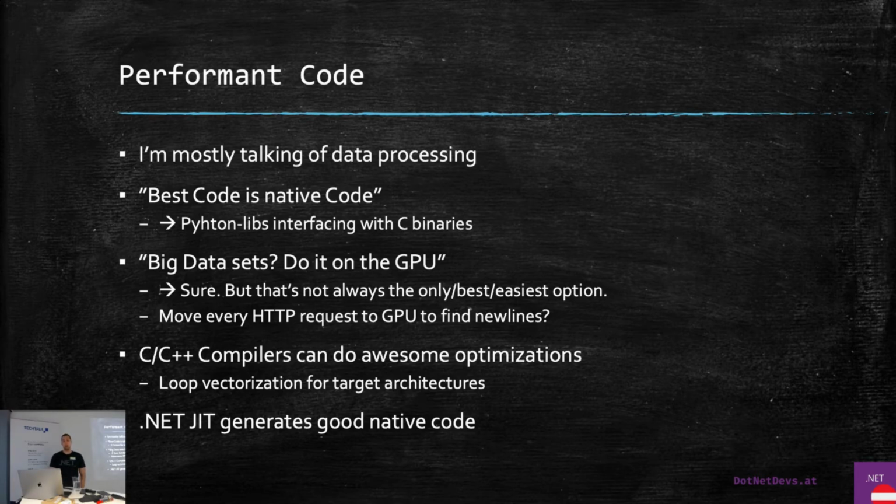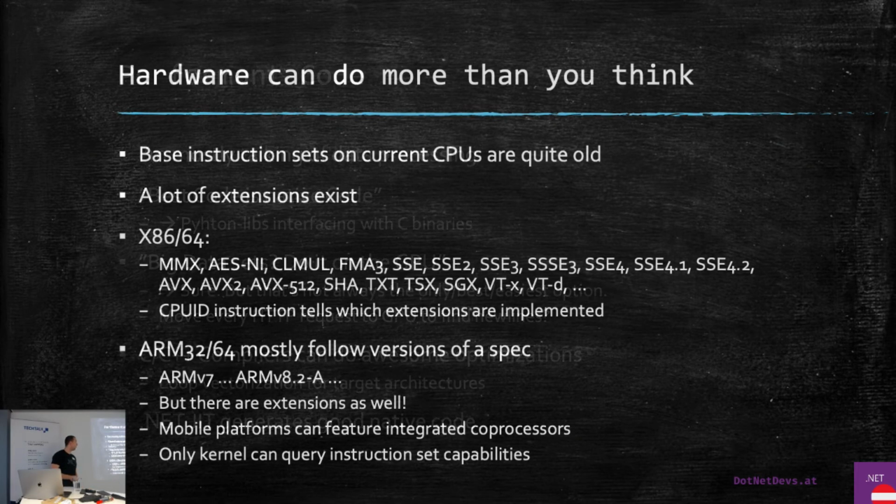So hardware intrinsics are about moving .NET Core to the next level to be able to use all those platform-specific features. So why do we want that? Because our hardware can do a lot more than you probably think it can. So the base instruction sets that we're using are quite old.